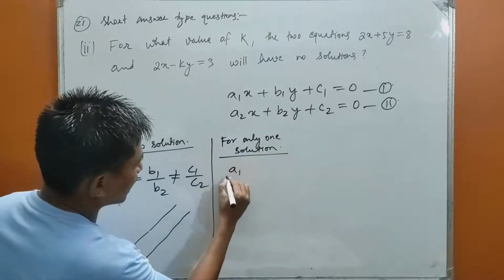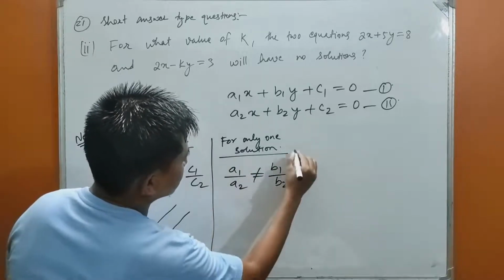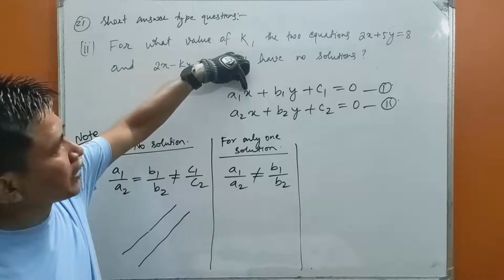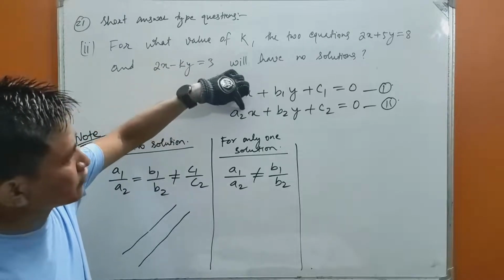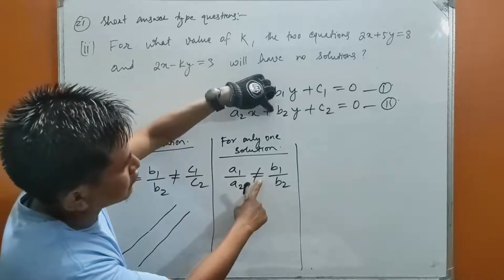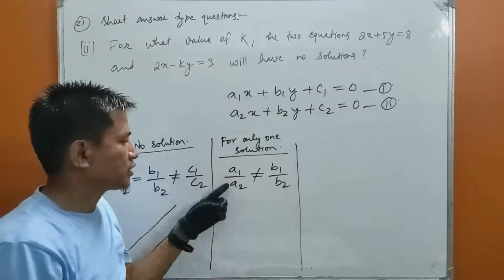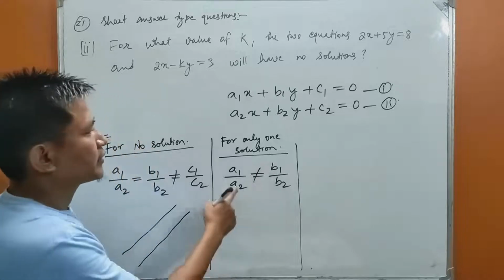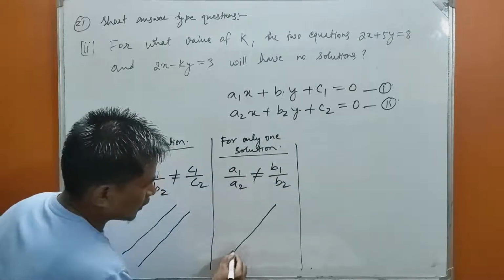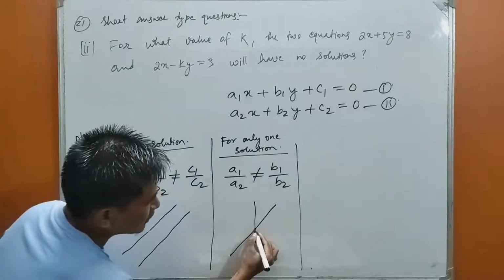If a1 by a2 is not equal to b1 by b2, that means the coefficient of x in equation 1 and equation 2, a1 by a2, is not equal to the coefficient of y in equation 1 and equation 2, b1 by b2, then you will have only one solution, which means if you plot these straight lines in graph paper, they will intersect each other, and the point of intersection is the solution.